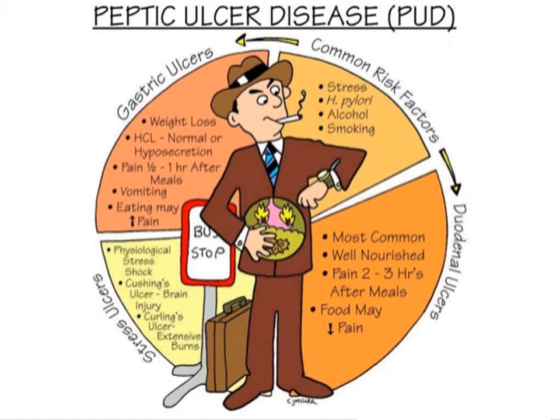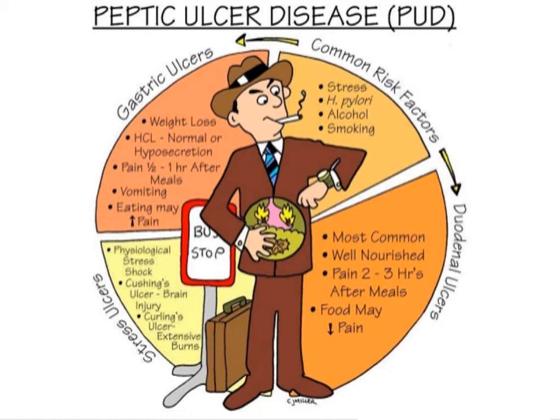While in case of gastric ulcer, pain occurs after eating. So patients usually delay their meals, they delay their food intake. As a result, the patient ultimately shows signs of weight loss. So these are the two important features of gastric and duodenal ulcers.